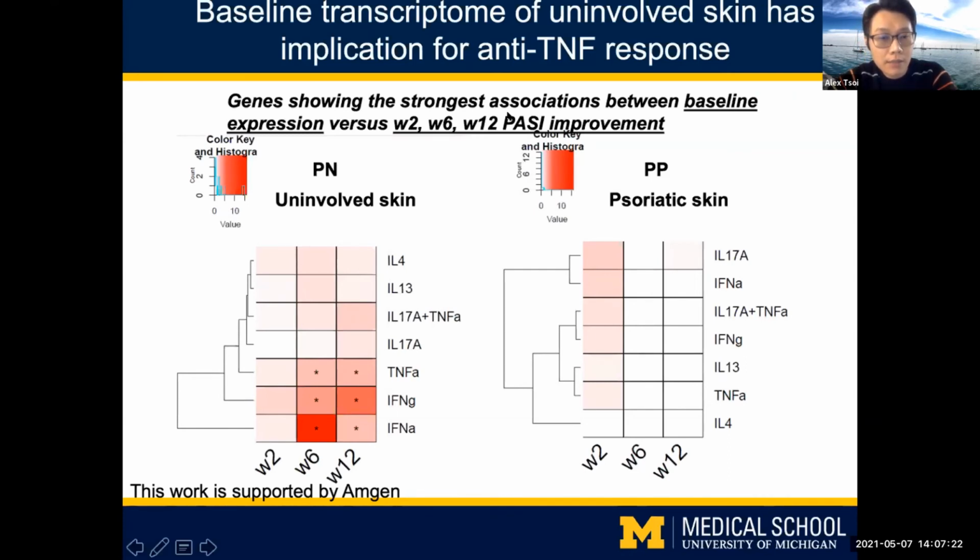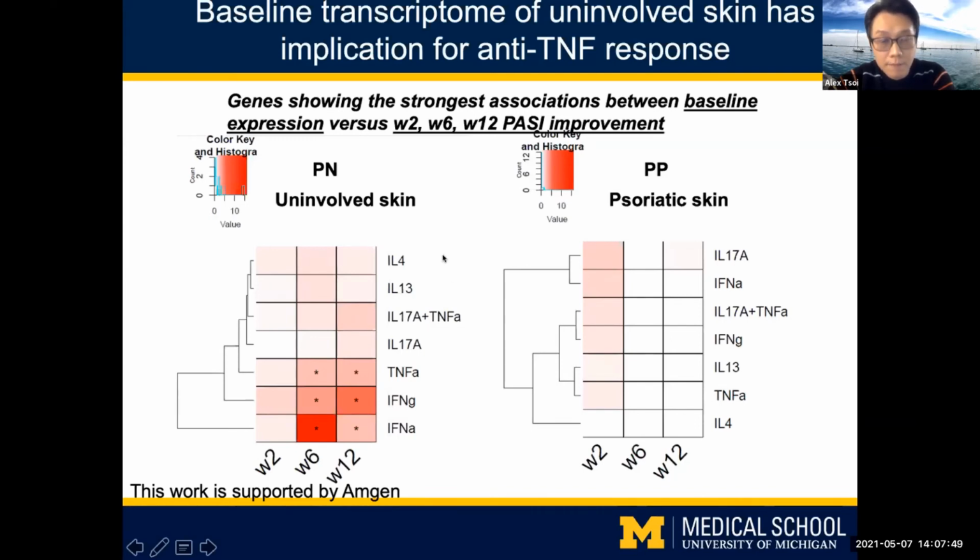We look at the baseline expression for those individuals in the uninvolved skin or the psoriatic skin, and then we identify those genes that show the strongest associations between the baseline and the subsequent week PASI improvements, and then see whether they are actually enriched among the cytokine signatures that we identified in independent in vitro RNA-seq data sets.